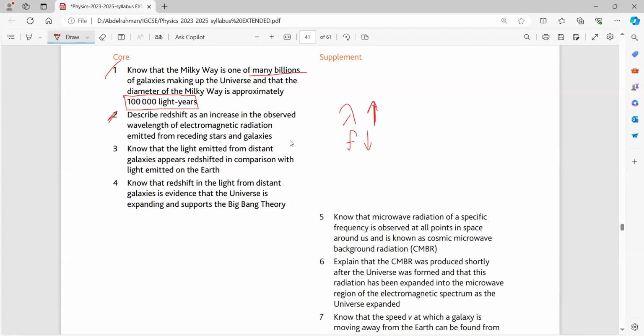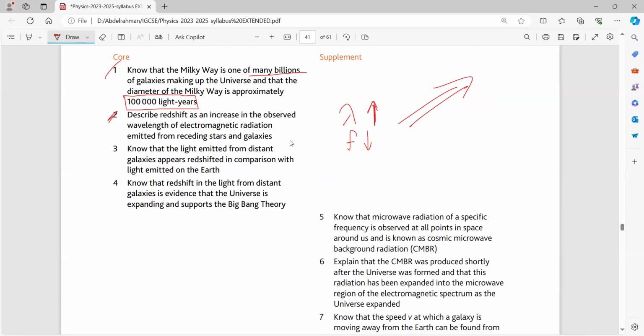If you have a lower frequency and a larger wavelength, it means that it's moving away. That's what we mean by a red shift. They found that the wavelength of the light produced from these galaxies is slightly longer than the wavelength of the light produced on Earth.